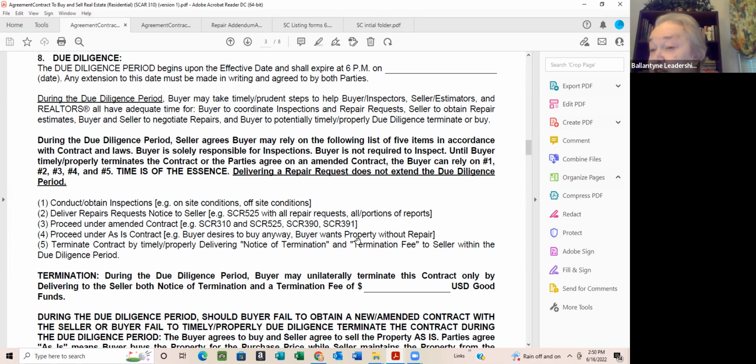And we'll talk about those next week more, but I just want you to have the concept again, as the listing agent, to be able to help your seller to know that if they can come to terms on the repair request, which is that 525, that replaces the due diligence option. The due diligence option goes off the table. The buyer can no longer terminate by this time because they have amended the contract using this form.